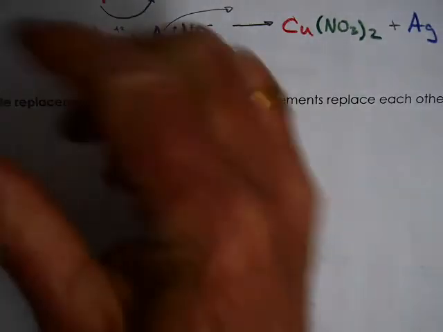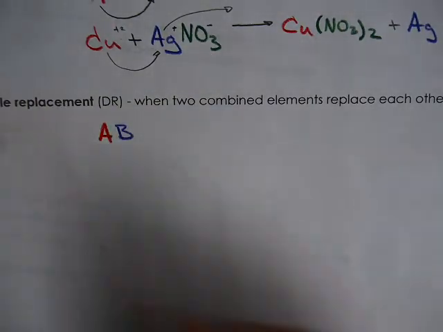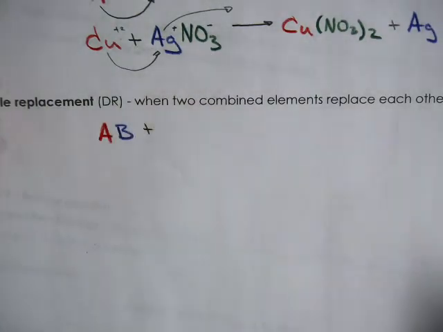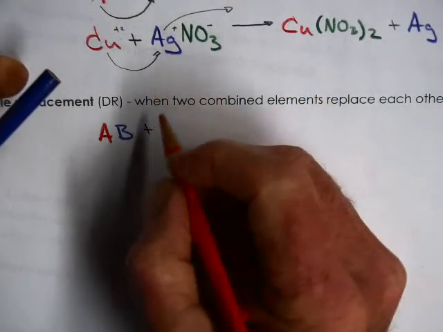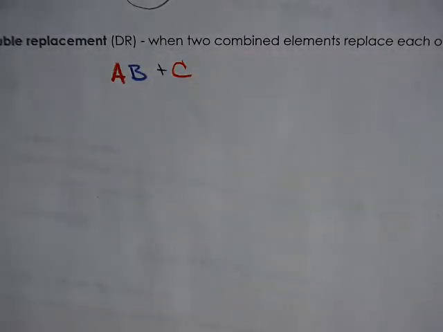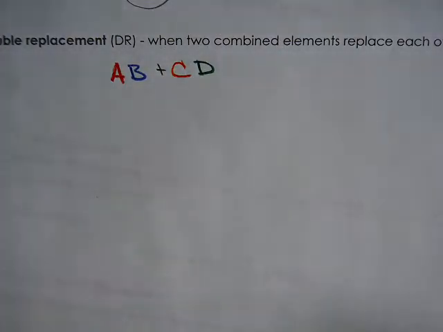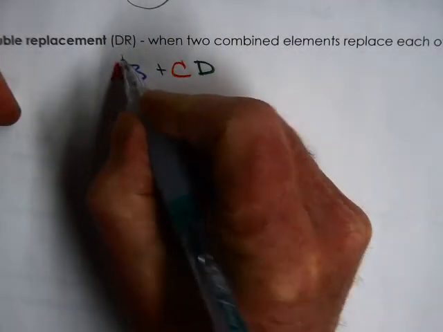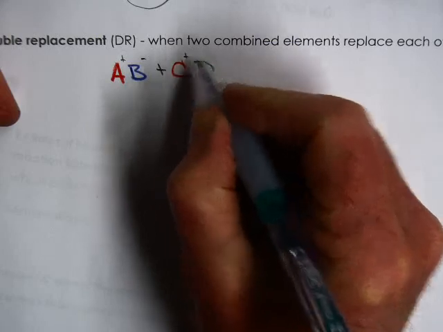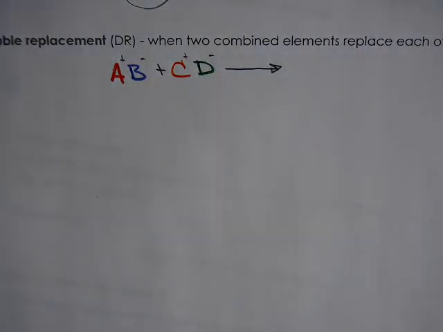AB plus, see, that's an orange, by the way, CD. Now, you have to be really careful here, because you have to remember that this guy's going to be positive, this guy's going to be negative, this guy's going to be positive, this guy's going to be negative. And so when they combine, they have to combine positive and negative, positive and negative. So, what's going to happen?